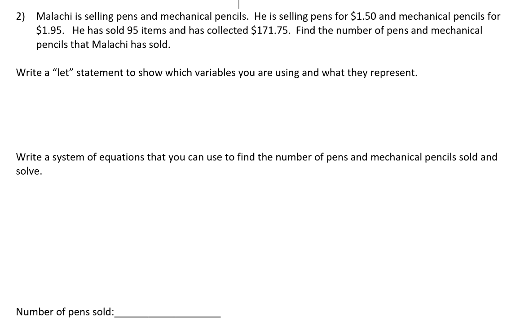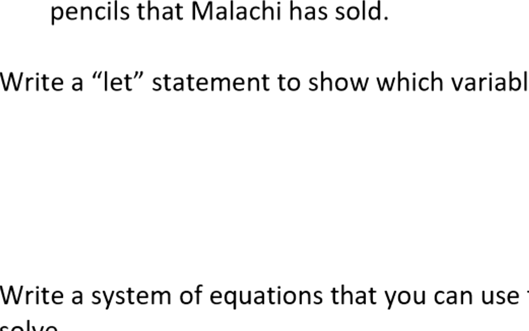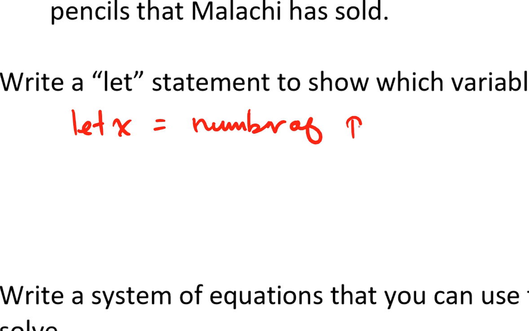So we'll start by writing a let statement here, and I'm going to go ahead and use X and Y for this. I'm going to say let X equal the number of pens sold. So it's not their value, it's how many of them.